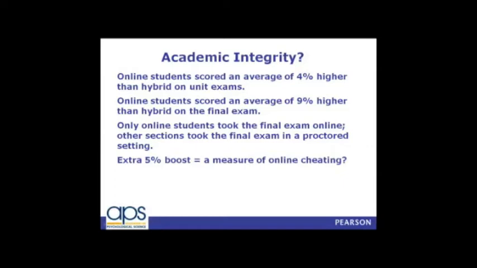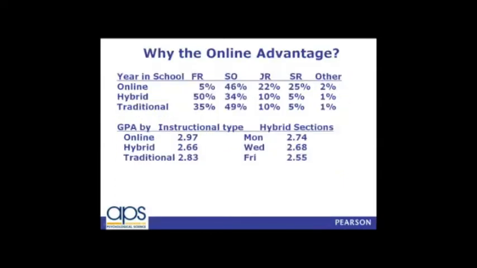We were hoping that was not the case, so I began to look at the data, some of the demographic data of how each course was, who was enrolled in each course. And I found some significant differences. If you look at the online class, 47% were juniors or seniors, whereas in the hybrid and traditional, only 15% were juniors and seniors.